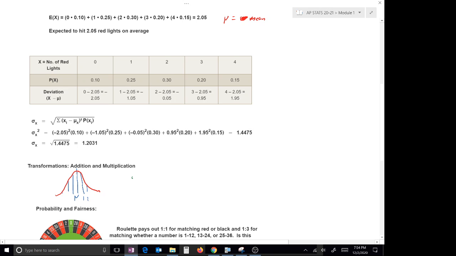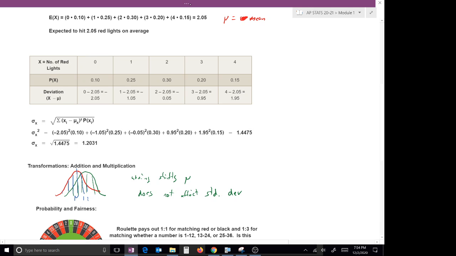So remember that adding shifts your mean, but doesn't affect, this is adding, subtracting, does not affect standard deviation, because our hill here, our normal distribution, just shifts to the right, but the standard deviations will still be the same distance apart.